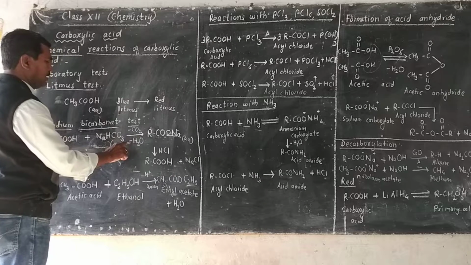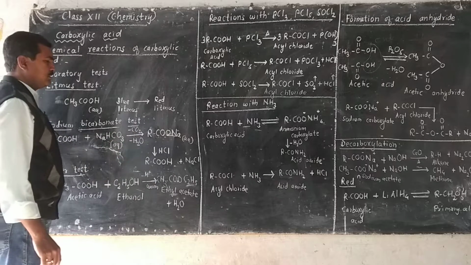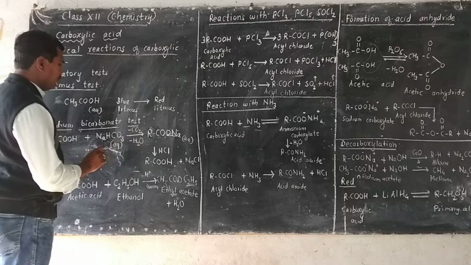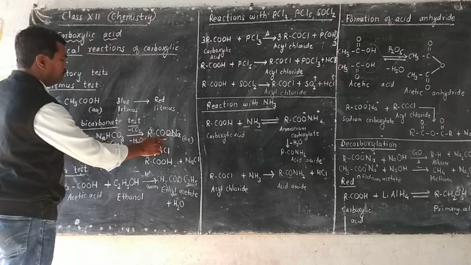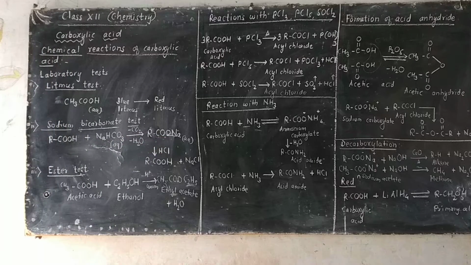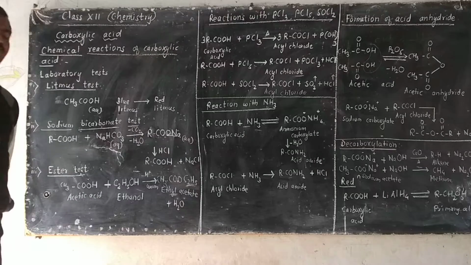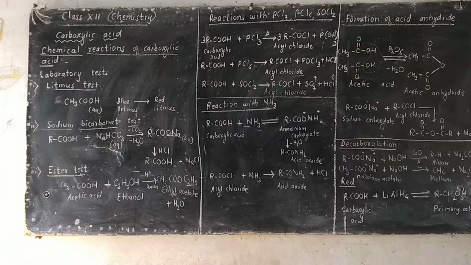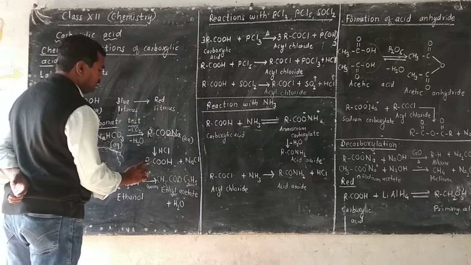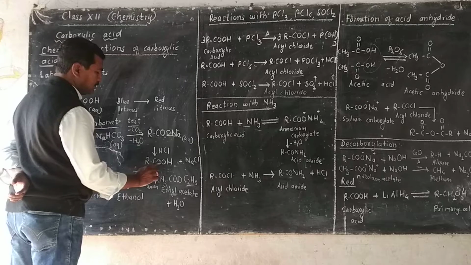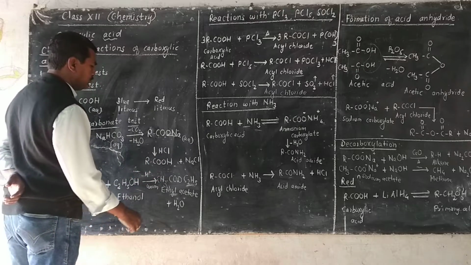So carbon dioxide and some water vapors are released from that mixture. Here sodium carboxylate is obtained, which can further react with hydrochloric acid. Then that carboxylic acid will be regenerated.